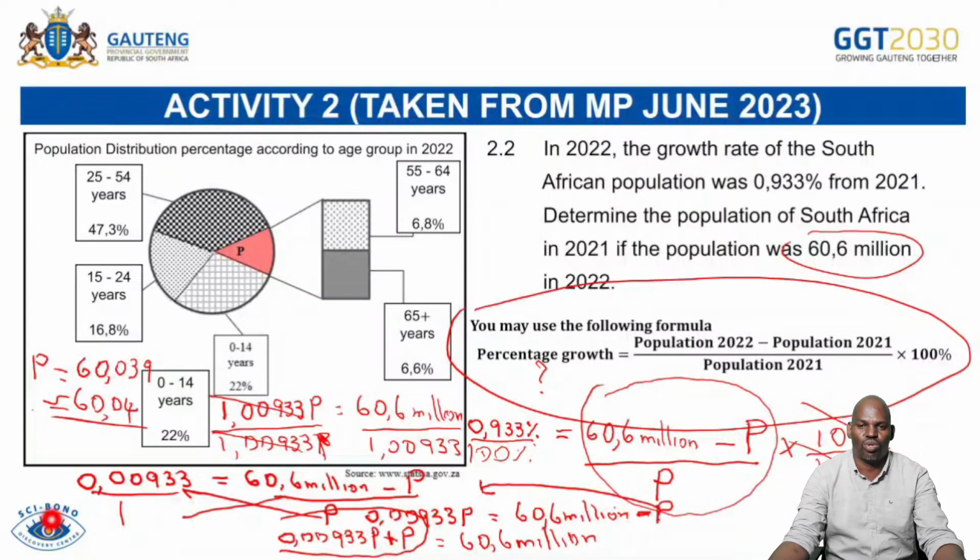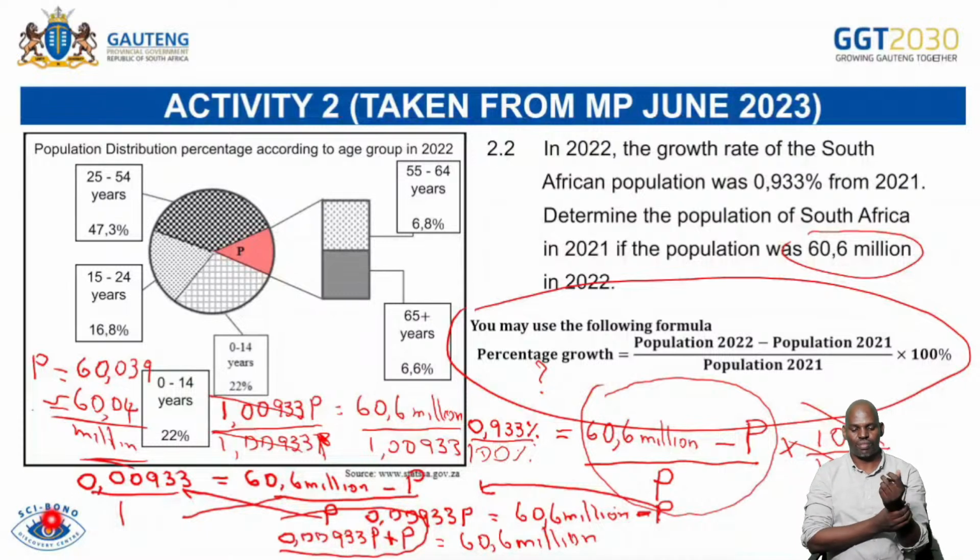If I round it up to the nearest whole number, it's 60 million. So 60 million will be the correct answer. It means the population in 2021 was about 60 million, and then in 2022 the population was 60.6 million.